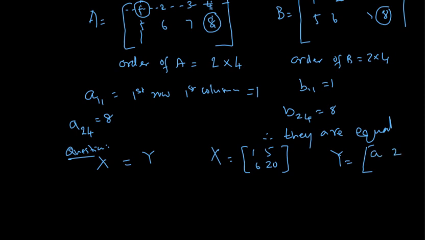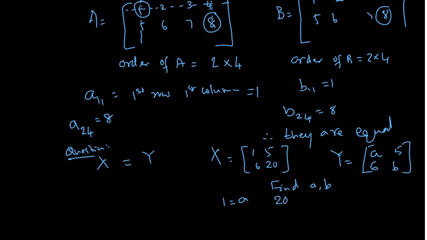They can also say find A plus B. Since X and Y are equal, the corresponding elements should be equal. Therefore A is 1 and B is 20. So this is how you will get a 1 mark. Okay, so that's about the equality of matrices.